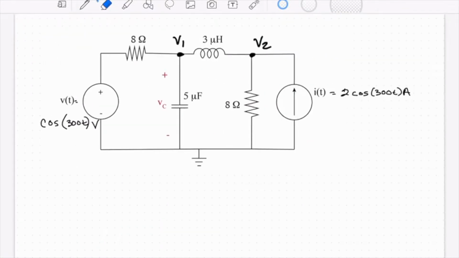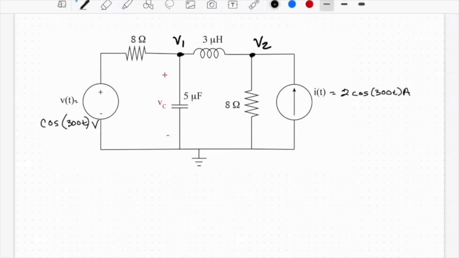Here's the circuit again. I've gone ahead and labeled these node voltages V1 and V2. And I wrote in that V of t is cosine of 300t and I of t is 2 cosine of 300t. Okay, so the open circuit voltage is going to be the voltage if we remove the capacitor.